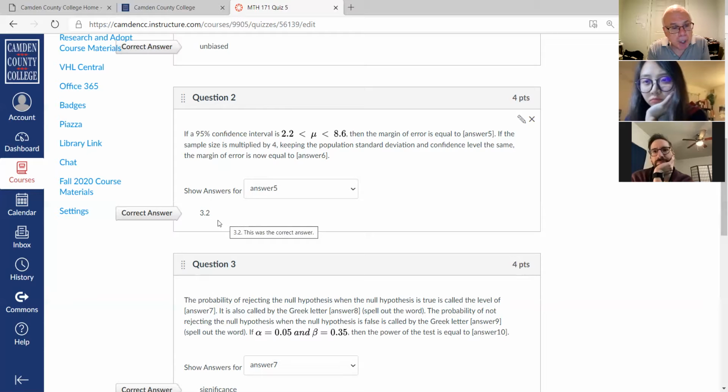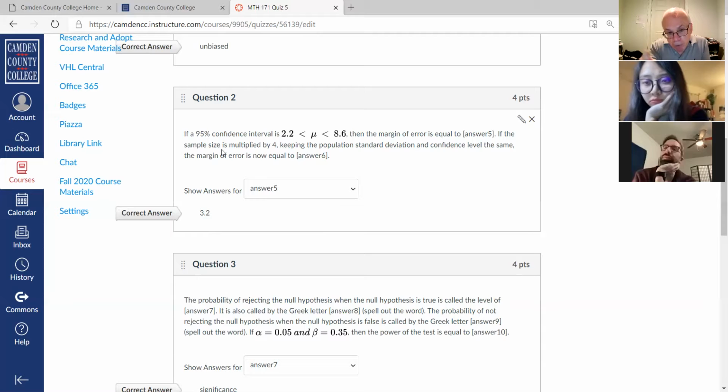Anyway, my point is that the sample size is in the denominator of the standard error. Standard error is the standard deviation divided by the square root of the sample size. So if the sample size increases by a factor of 4, the denominator of the standard error increases by a factor of 2.